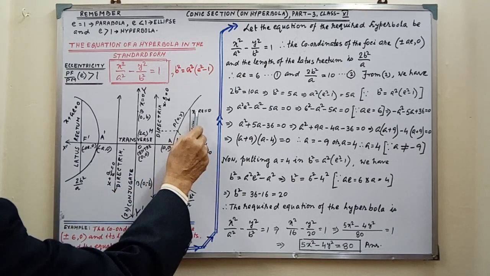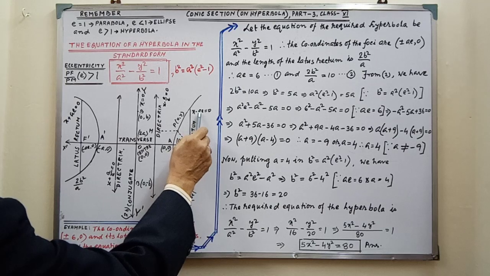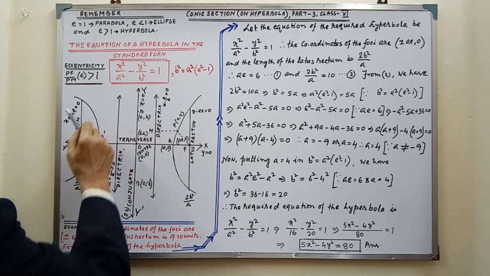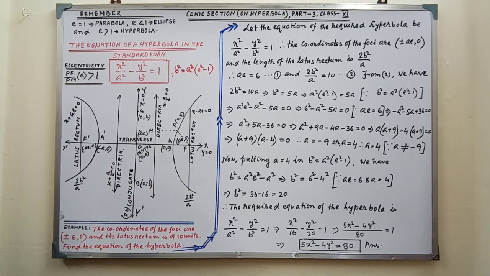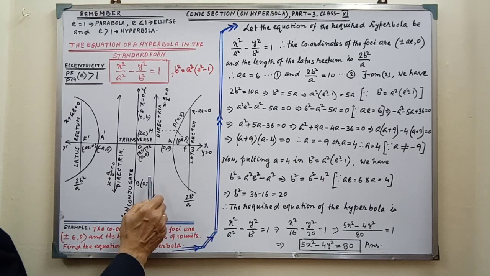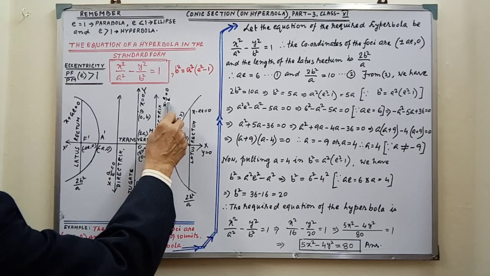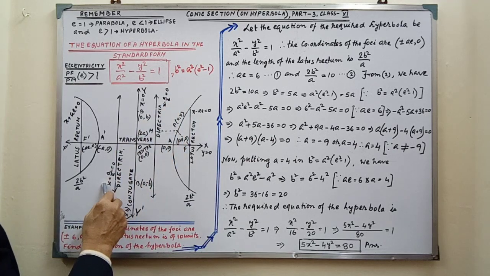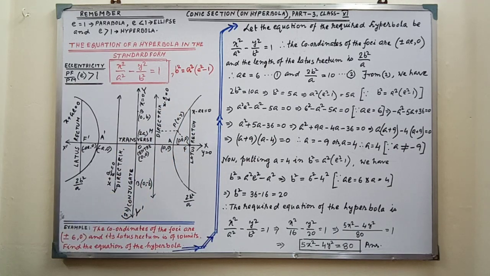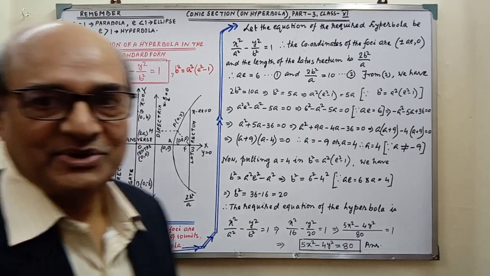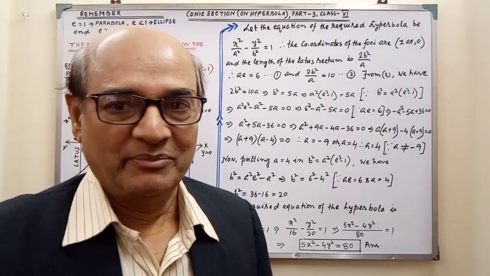The equations will be different: x minus ae equal to 0 and x plus ae equal to 0. The directrices also have different equations, that is x minus a by e equal to 0 and x plus a by e equal to 0. You have to notice attentively and you have to remember.